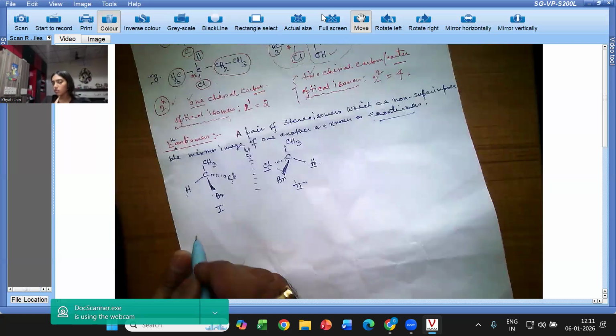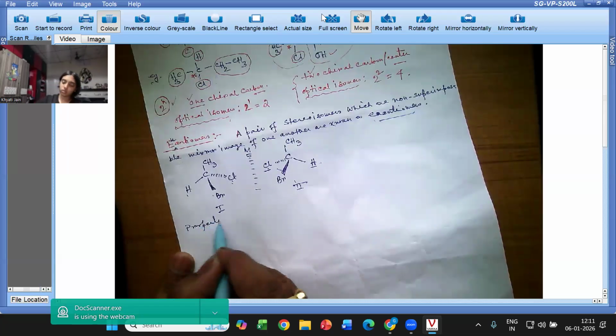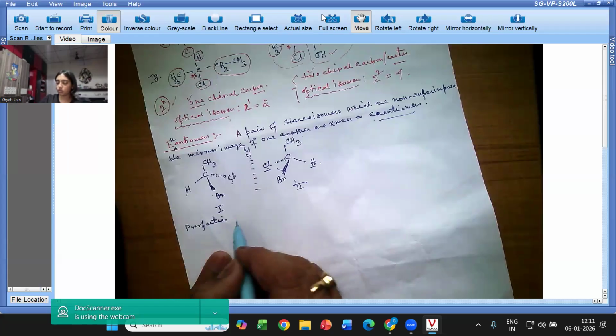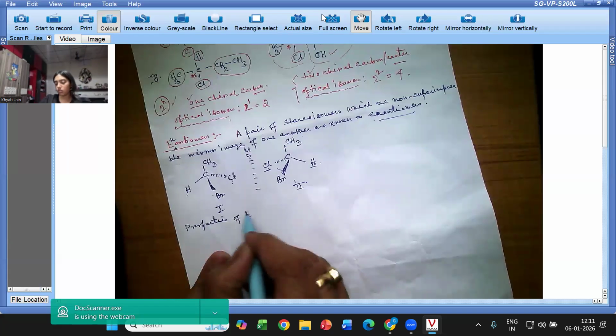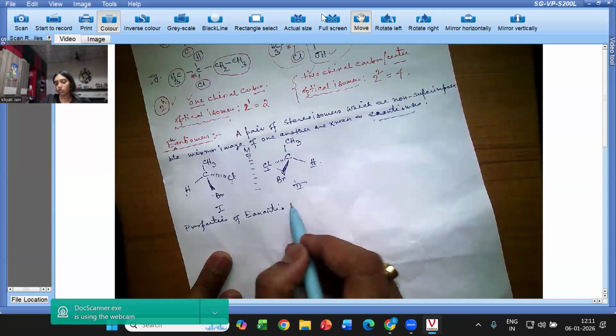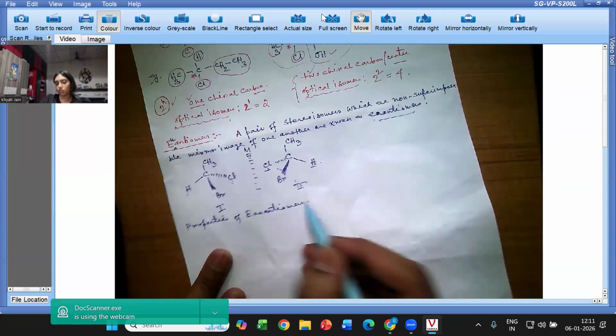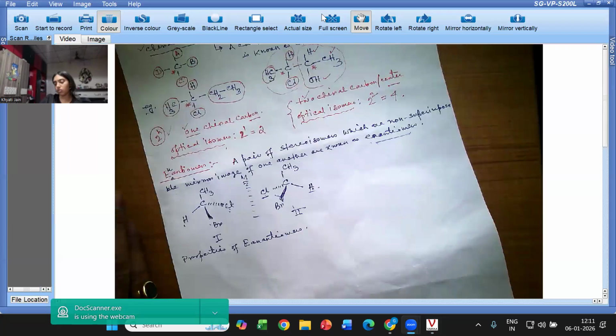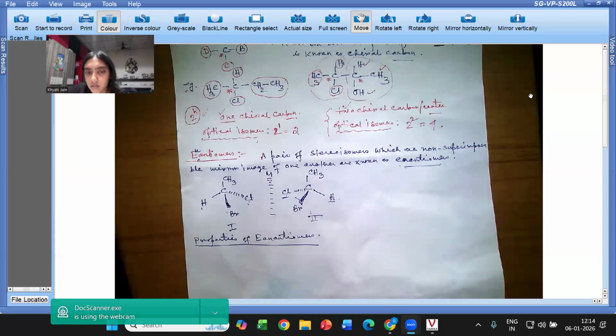Now, you have to know a little bit about the properties of enantiomers. This is important for multiple type questions.